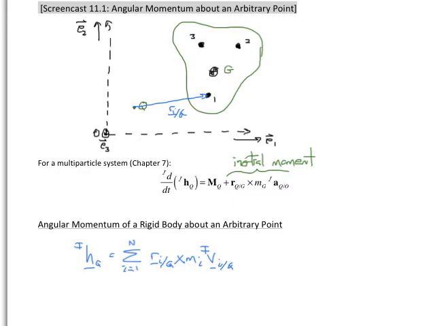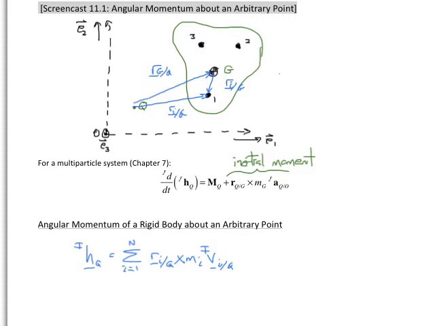So keeping in mind that we're looking to relate the angular momentum of the center of mass to the angular momentum about Q, let's define two more vectors. So we have r of the center of mass G with respect to Q, and then we have another vector which will go to each of the particles. So this would be r of i with respect to the center of mass.